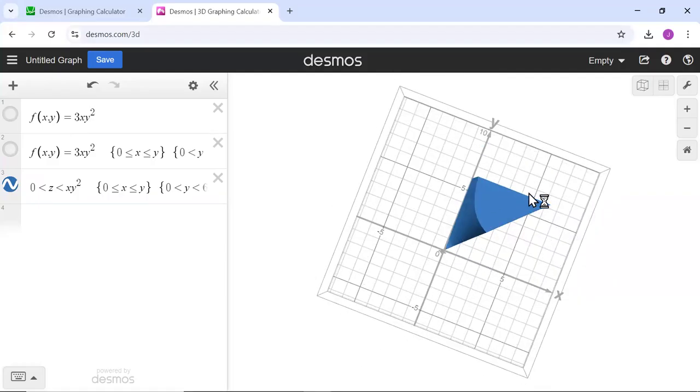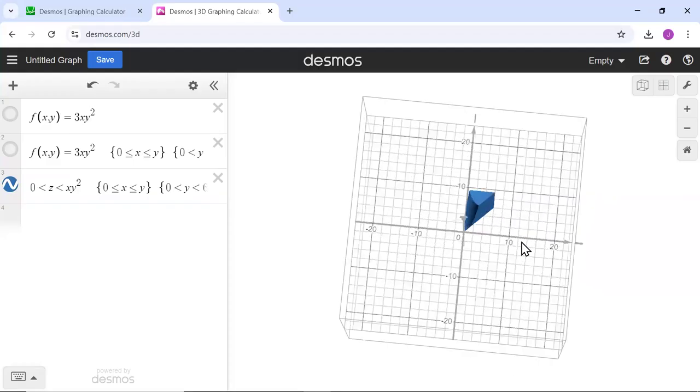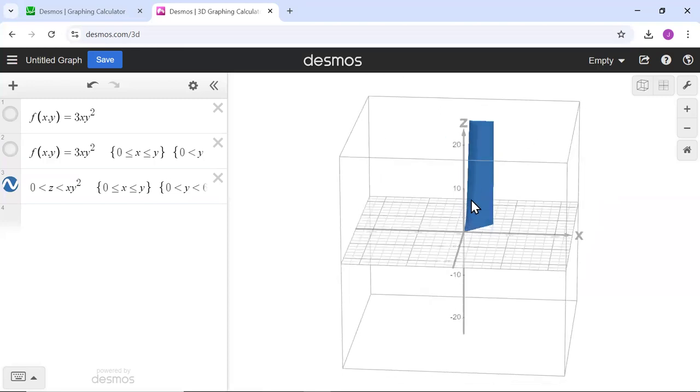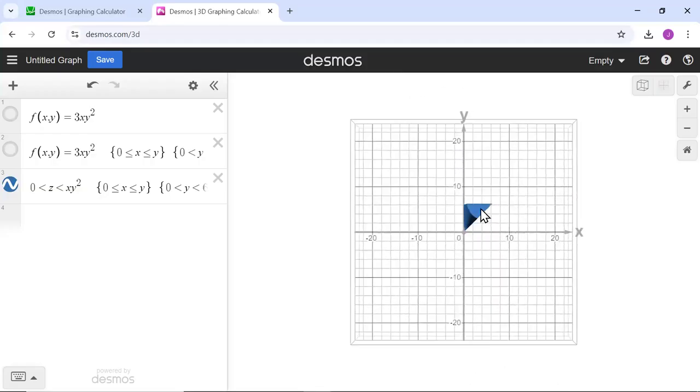The volume of this object is what we had calculated. That was the 2,332.8. It was the volume of this object over that region that we described, but under the function f of x, y equals 3xy squared.